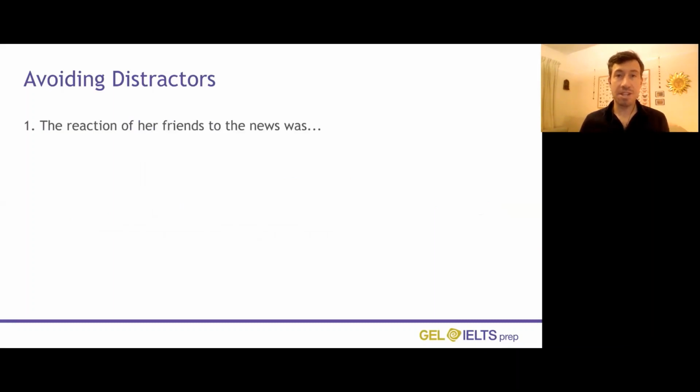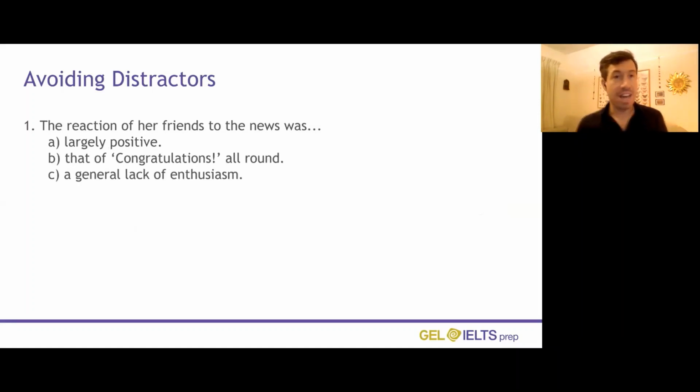So here's another question. It says, the reaction of her friends to the news was A, largely positive, B, that of congratulations all round, and C, a general lack of enthusiasm. So let's look at these keywords again. We've got here reaction of her friends to the news was largely positive, congratulations all round, or a general lack of enthusiasm.